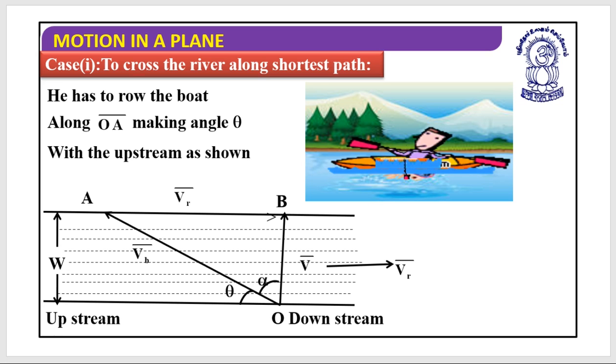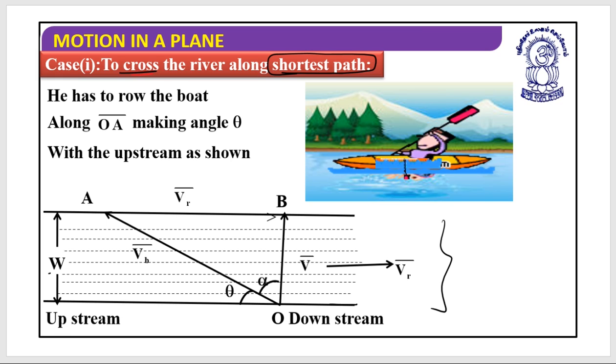First, to cross the river along the shortest path, that means my path should be minimum. Here the situation is that this is the width of the river that I have mentioned with w, and the river is flowing in this direction.